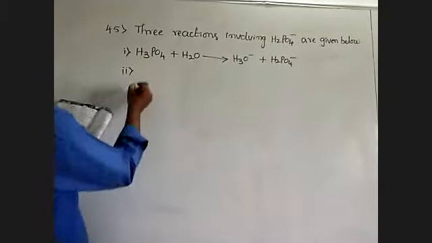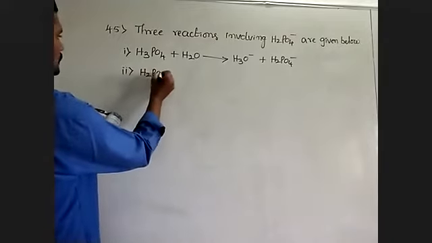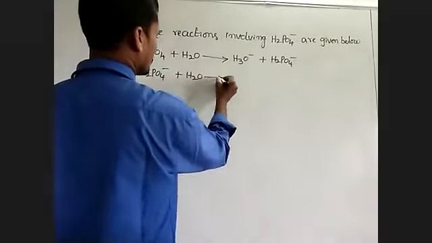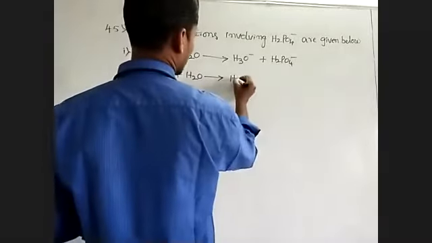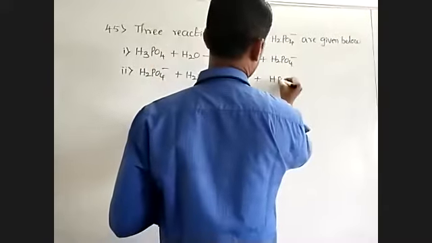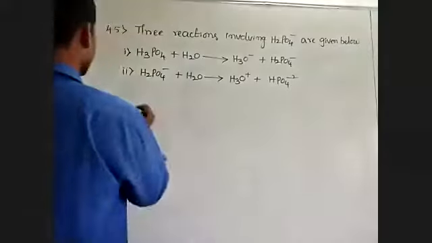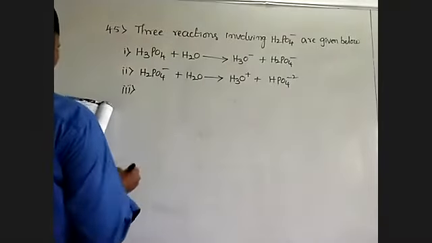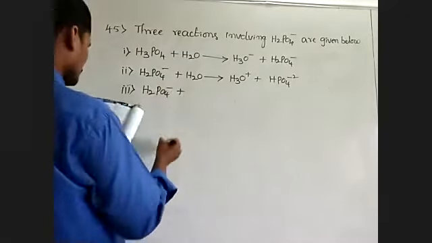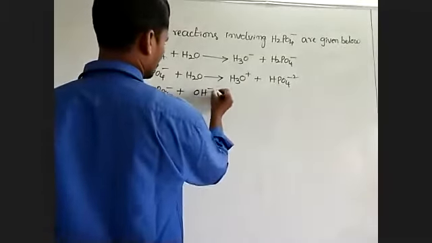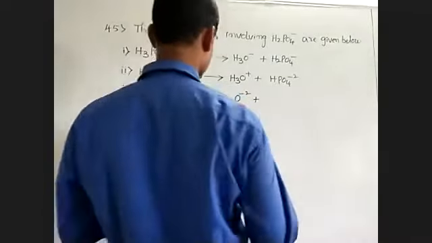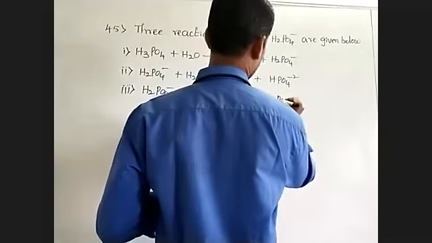Next, H2PO4 minus undergoes hydrolysis. It gives H3O plus and HPO4 minus 2. And third one, H2PO4 minus combines with OH minus. It forms oxide ion and H3PO4.